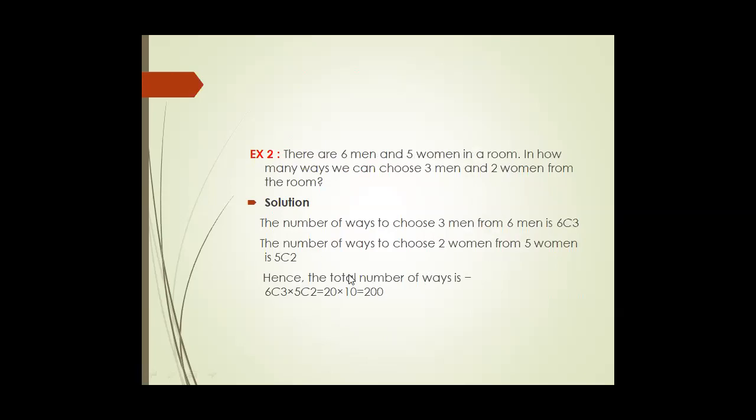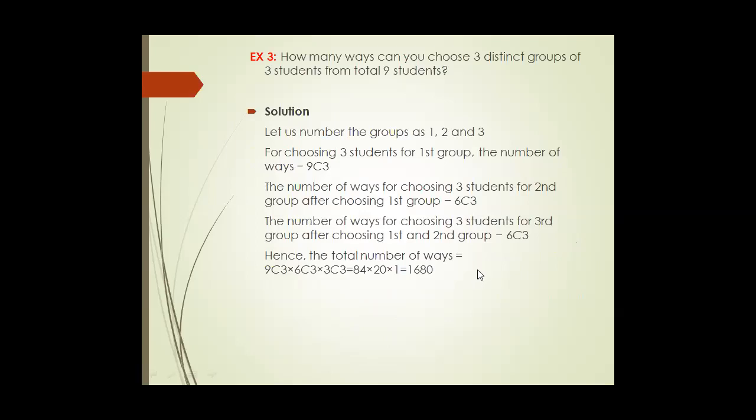These do not depend upon each other, so we apply the product rule: 6C3 into 5C2. Just evaluate and we get 200.